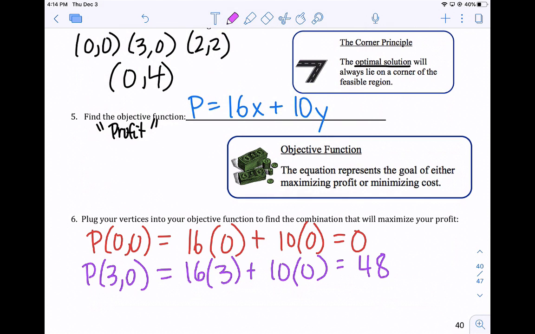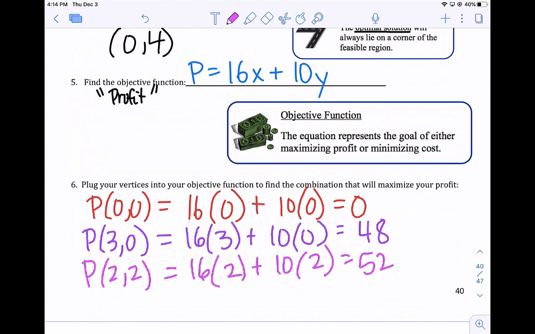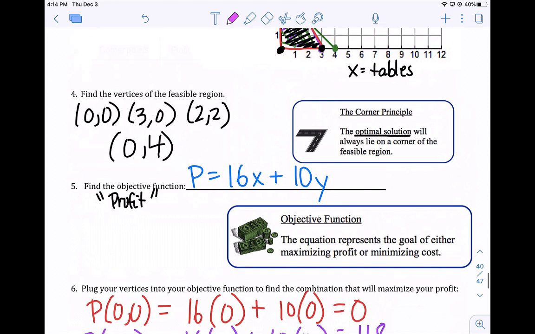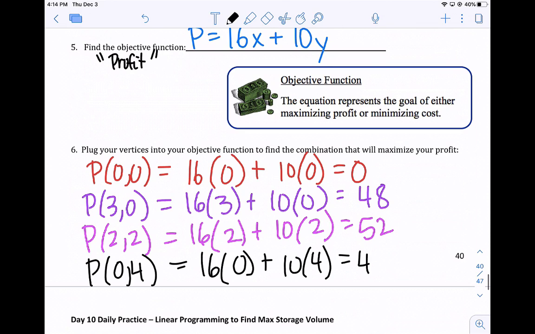So that is 2 tables and 2 chairs. 16 times 2 plus 10 times 2, and that gave us $52. Oh, and this is what we had done before. And then our last one was 0, 4. So the profit off 0, 4 is 0 tables, 4 chairs at $40.